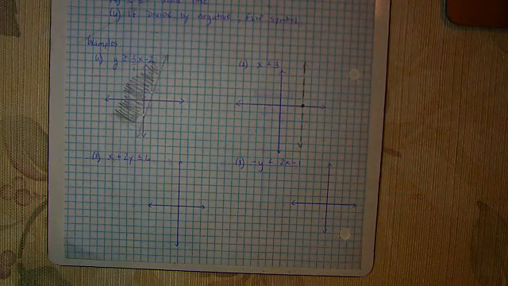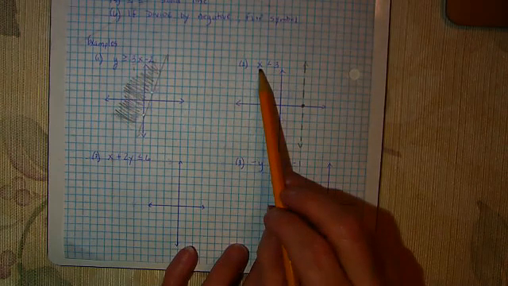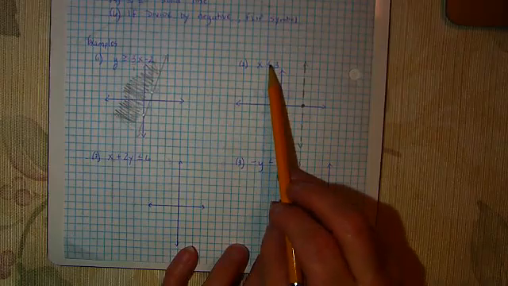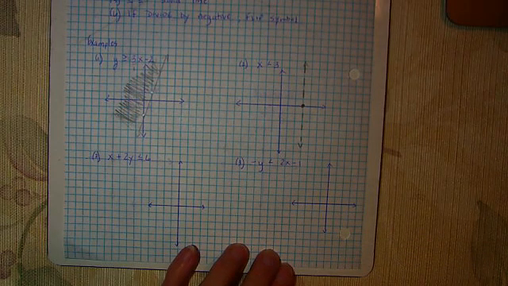Now, in my explanation of where to shade, I always said above and below. Well, x is a special one because there really isn't anything above or below, since it's a vertical line. So you just have to think about what it says. If this says x is less than 3, where would all the numbers be that are less than 3?